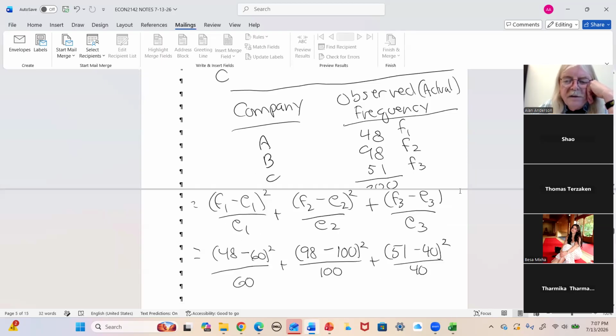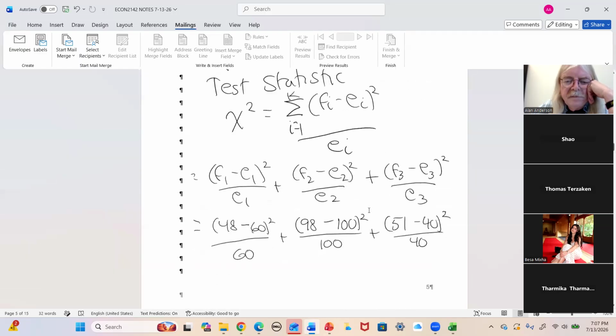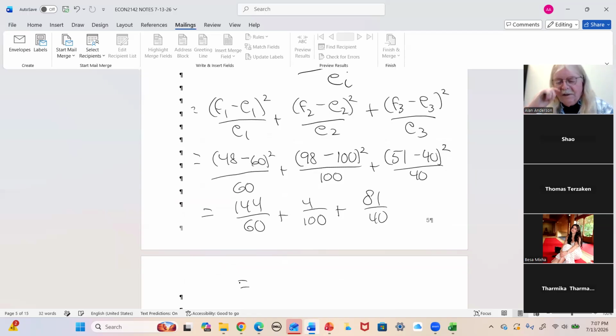All right, let's figure that out. So this one is 144 over 60. Wow, a lot of fractions.